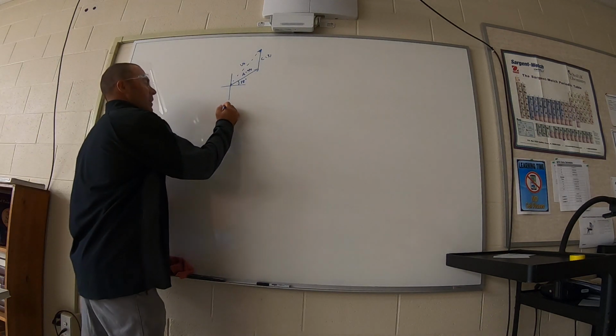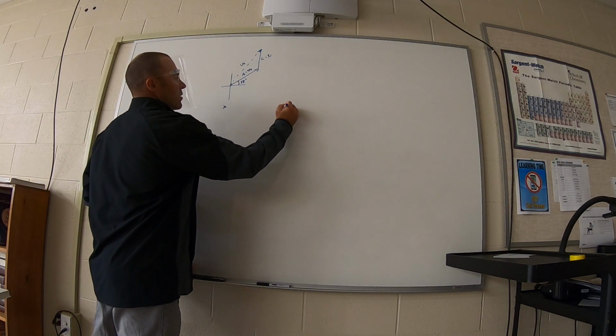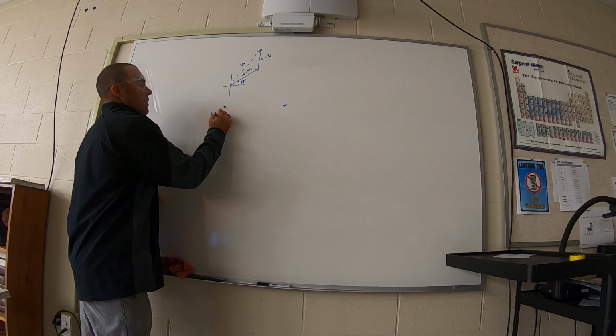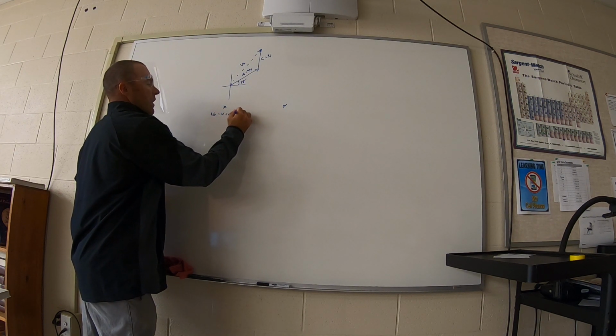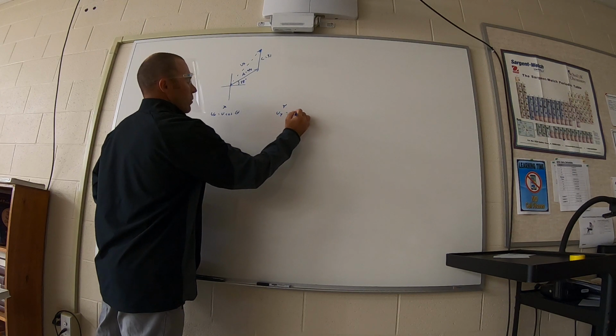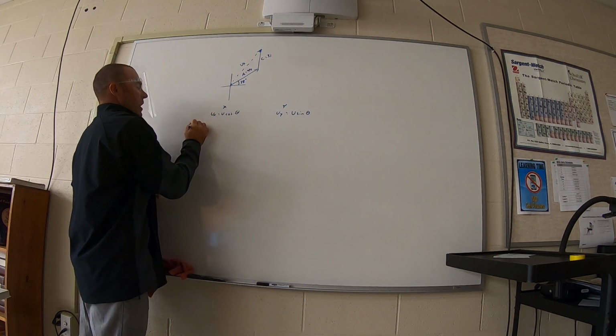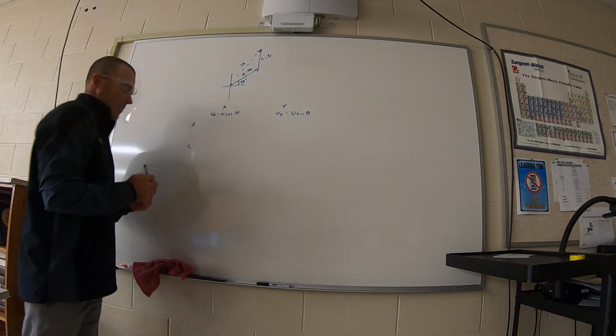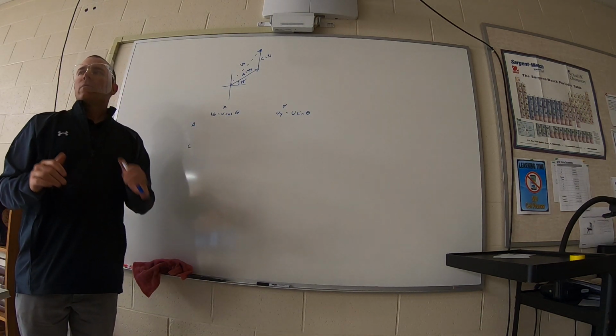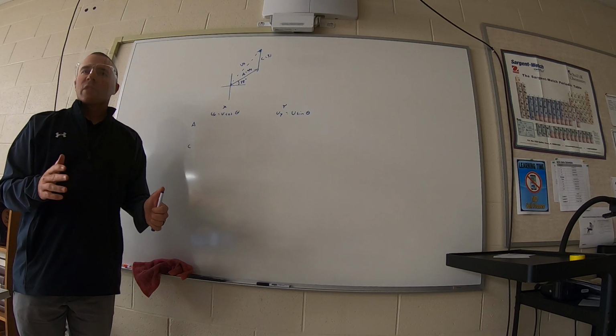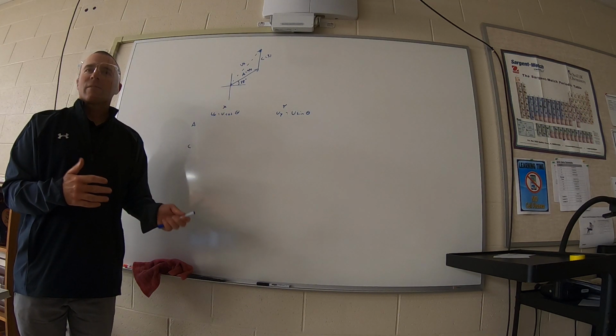Yeah. So let's find the components. So x and y. Vx is equal to v times the cosine of theta. Vy is equal to v times the sine of theta. And let's solve for vector A and vector C. To tell you the truth, once you've solved for these, the numbers all stay the same, but the signs differ a little bit.